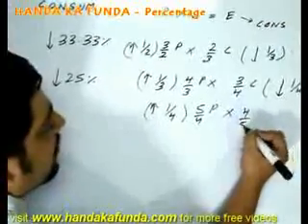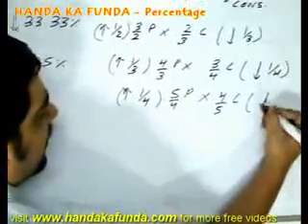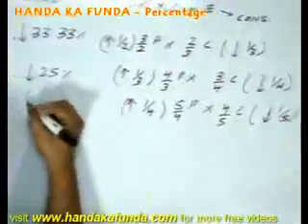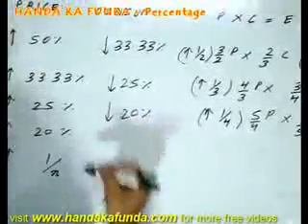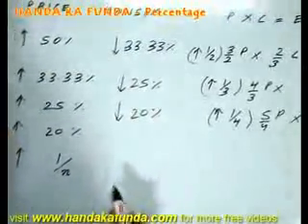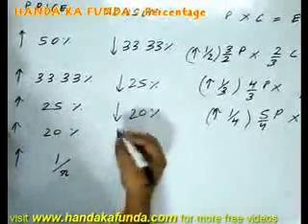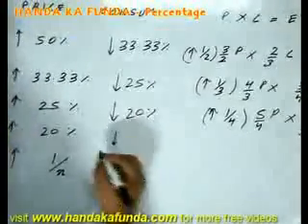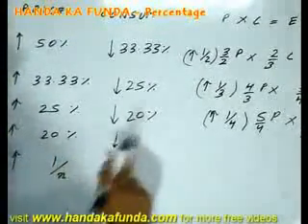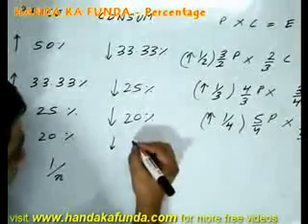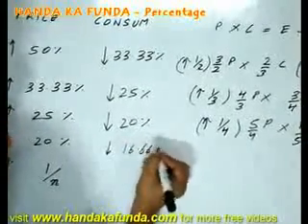Consumption is 4 by 5 times, or it has fallen by 1/5, or by 20%. I hope you get the drift by now. An increase of 20% very similarly will cause a decrease of, it is an increase of 1 by 5, so it will cause a decrease of 1 by 6 or 16.66%.